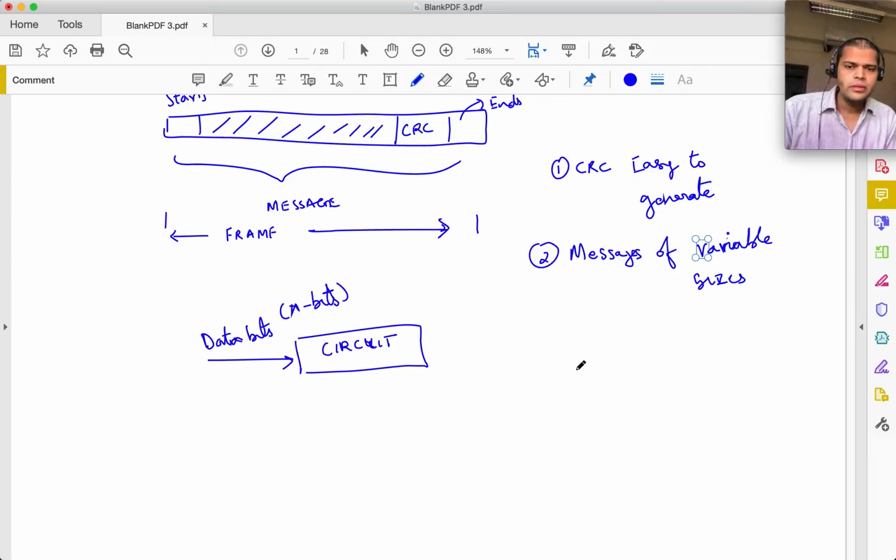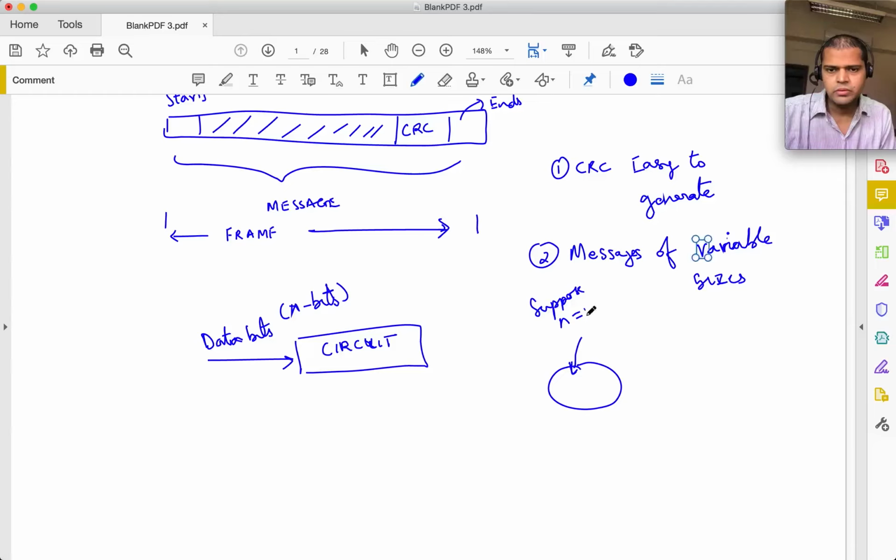So what we are doing is, suppose that n was some number, right? So suppose n is equal to 10. That means the total possible messages that you can have here, let's just call this data.